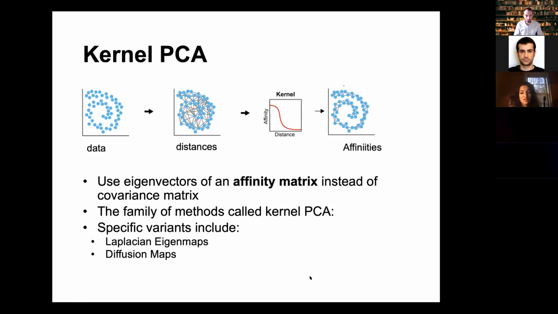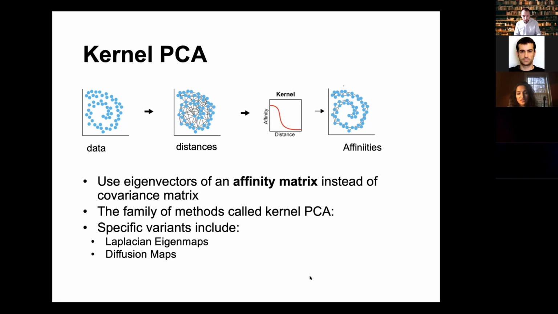But nevertheless, it's called kernel PCA, and the idea is the same. So instead of taking covariance matrices, you take affinity matrices and you use their eigendimensions as your new kernel PCA dimensions. This is the basic idea behind a lot of nonlinear dimensionality reduction methods, several of them.